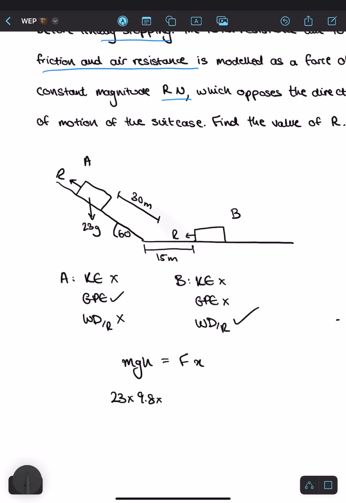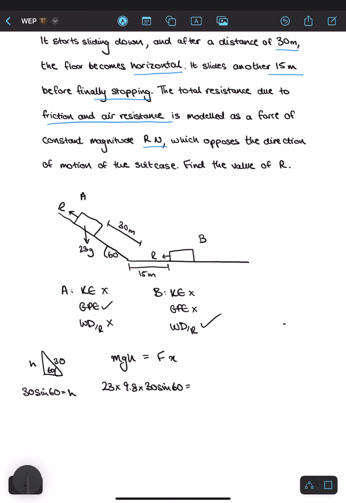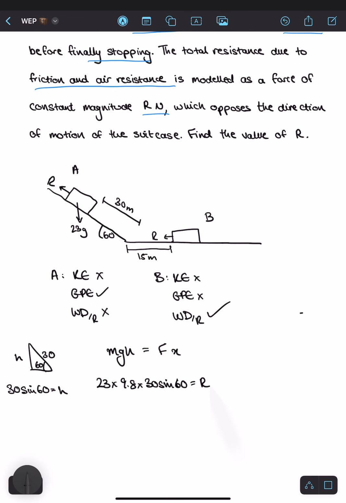Here, they've given us 30 meters down the slope. All we've got to do is do a bit of trig to find what the vertical height here is. So this is 60, this is 30. So we can see we use sine of 60 is equal to the h times by 30. So that's 30 sine 60. And that is equal to the force. Well, they've told us the force value is R newtons, so we just call it R.